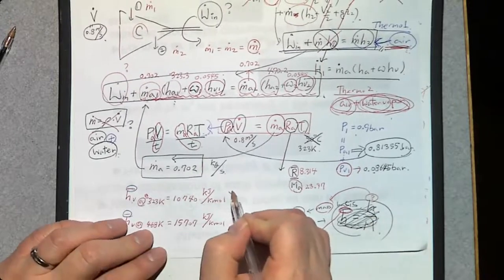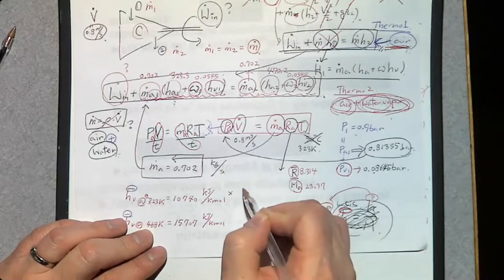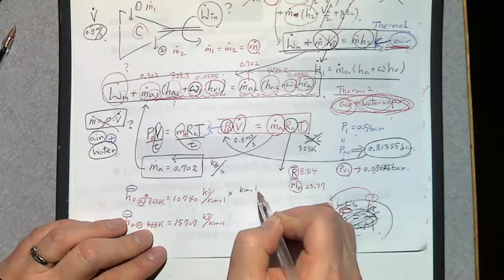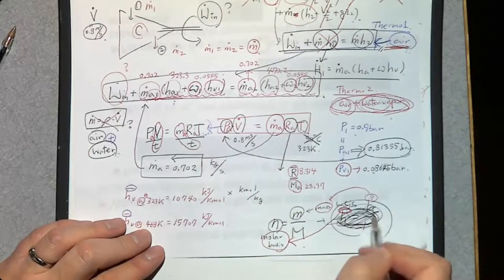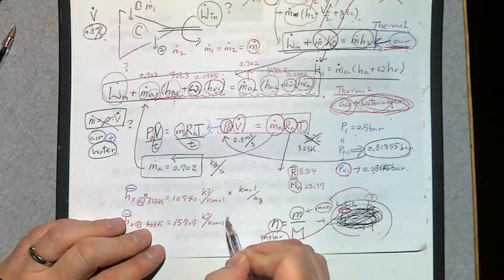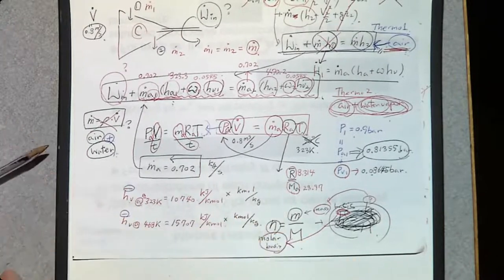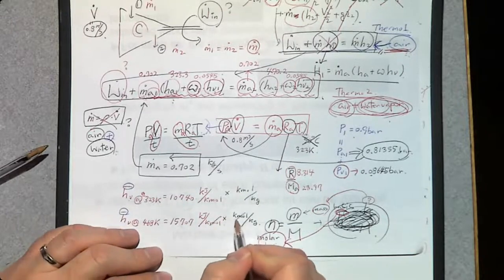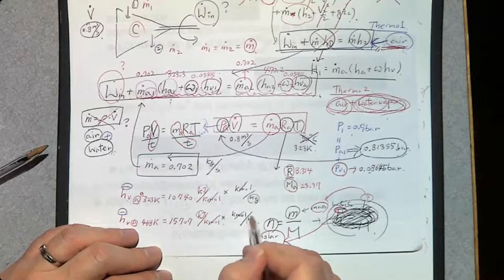So you need to multiply this by kilomole per kilogram. That's how you can get rid of kilomole, right? So it becomes kilojoule per kilogram.